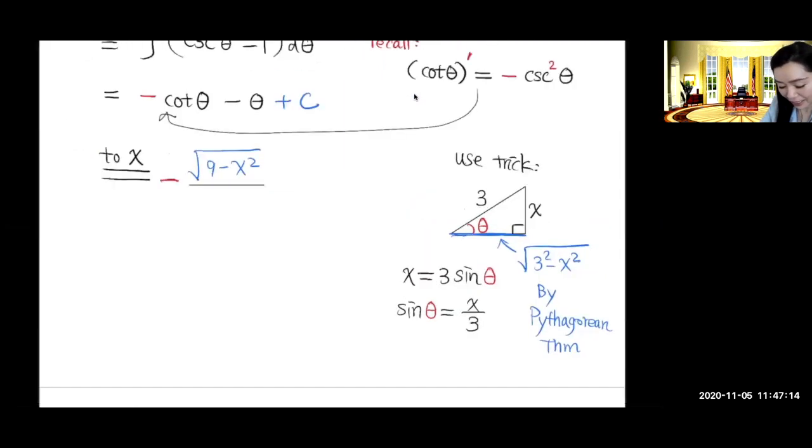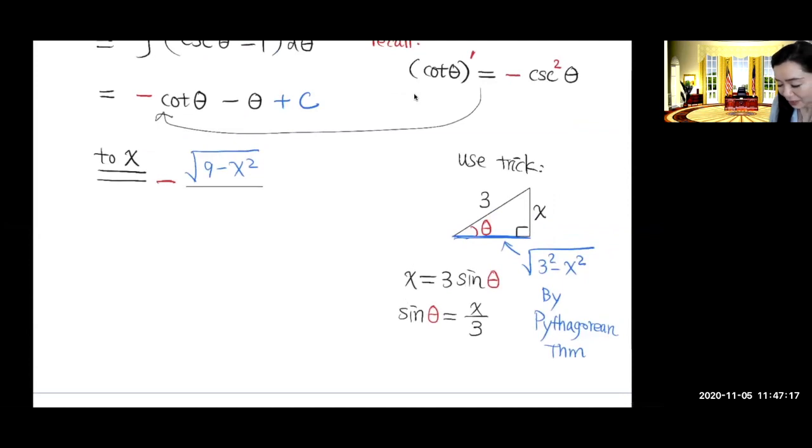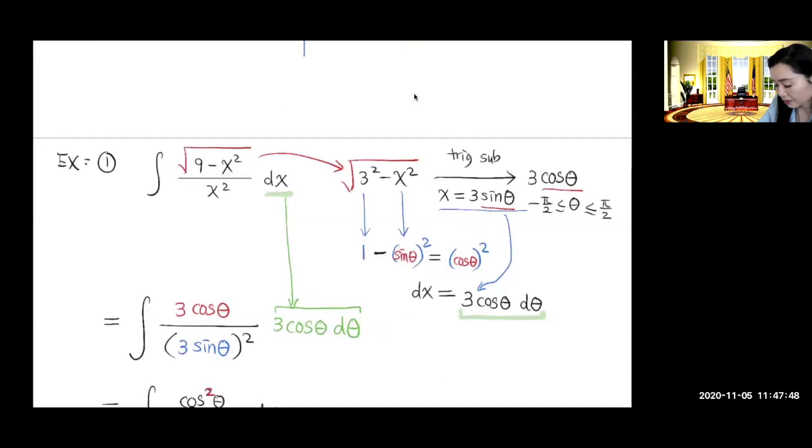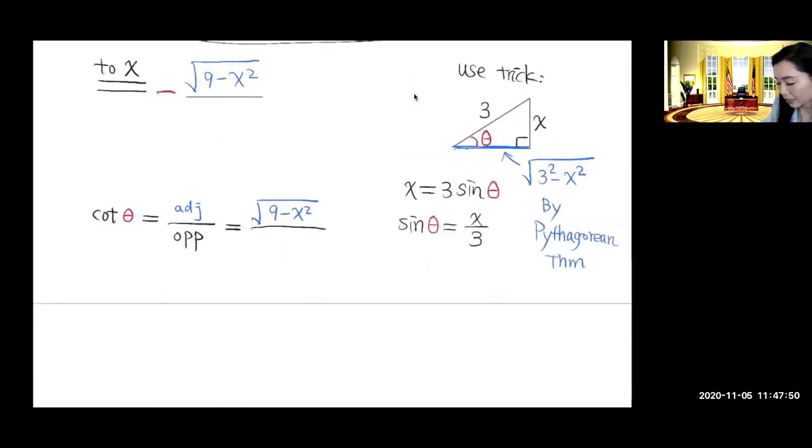Okay, so cotangent of theta is equal to adjacent over opposite. The adjacent side of this theta here is the square root of 9 minus x squared, and the opposite side of this angle here is x.